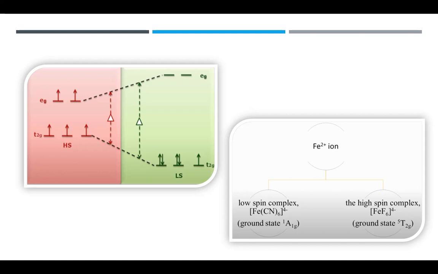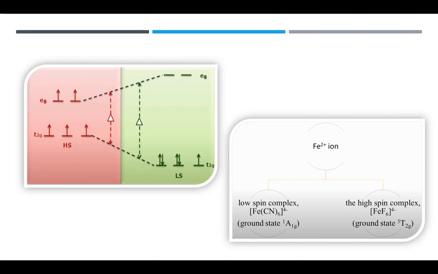An example of a metal ion that can exist in either a high spin or a low spin state is Fe2+. In an octahedral ligand field, depending on the ligands coordinated to this complex, Fe2+ can attain a low spin or a high spin state, as we can see in the diagram.